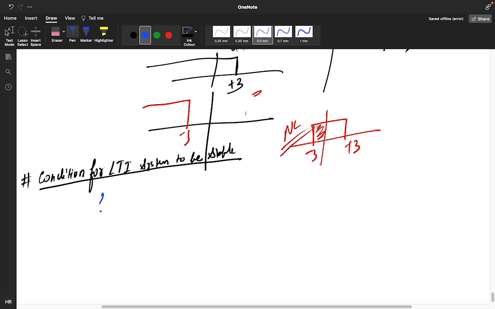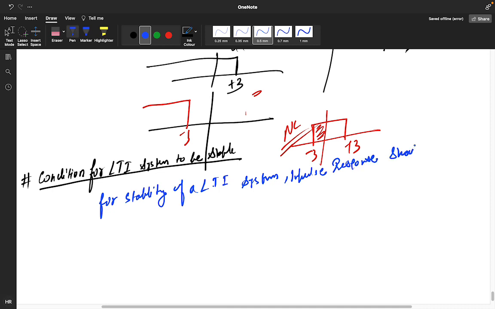For stability of an LTI system, impulse response should be absolutely integrable.